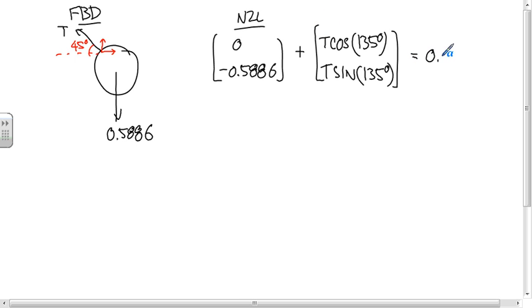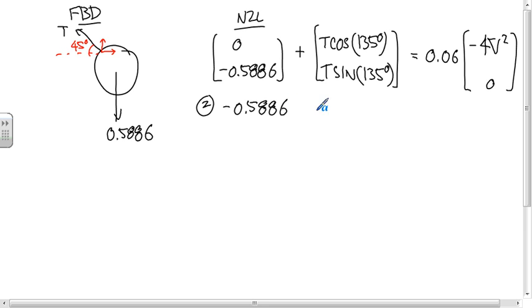And that's equal to the mass times the acceleration. The second equation gives you negative 0.5886 plus 0.7071 T is equal to 0. So that gives you the same thing. The tension is equal to 0.832.